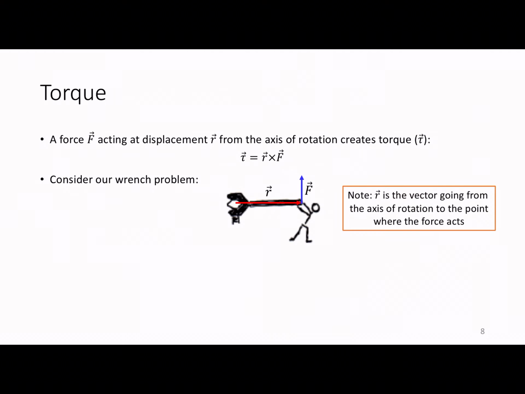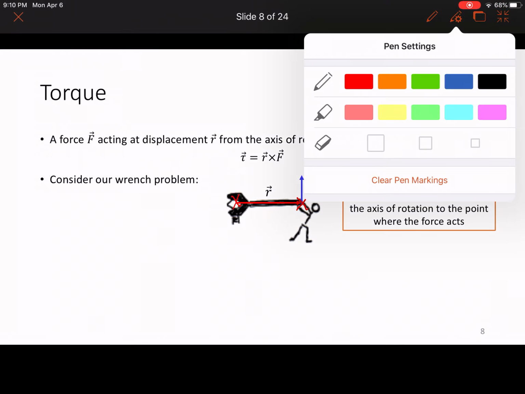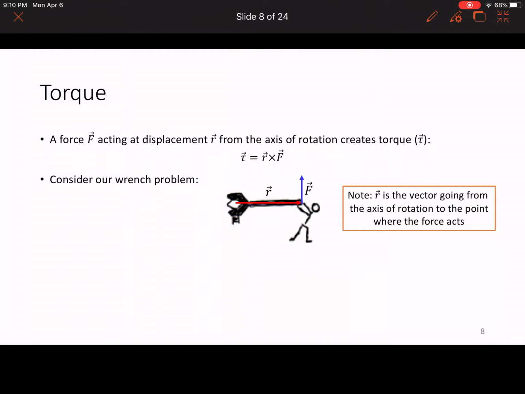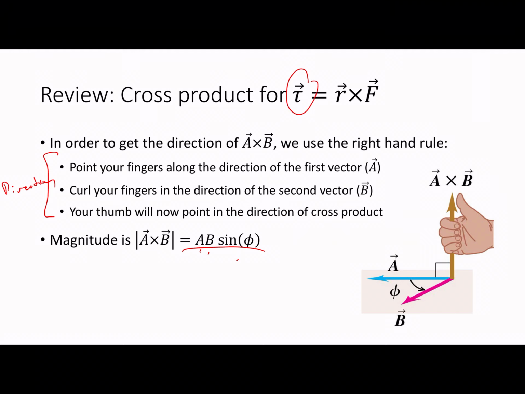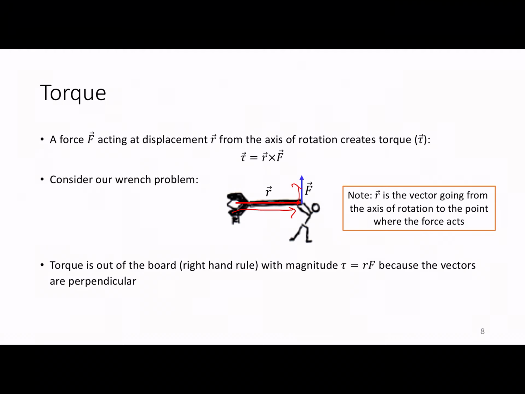All right, so let's go back to our wrench problem. Torque is r cross F. Remember, r is the vector that goes from the axis of rotation to the point of contact where the force acts. Okay? So torque is r cross F. And for our particular problem here, we can try to figure out both magnitude and direction.